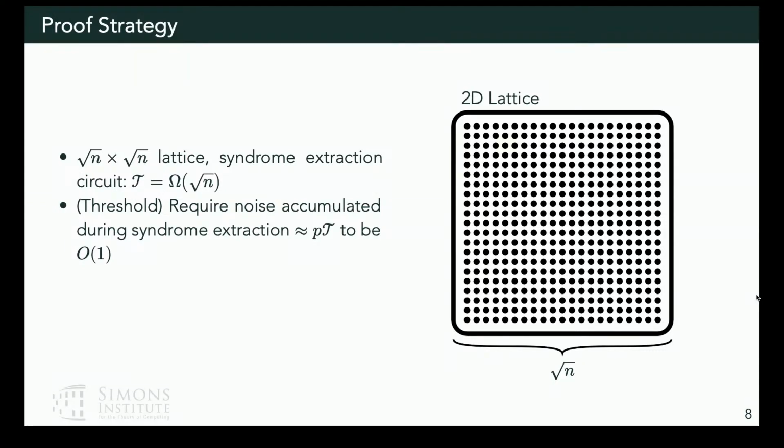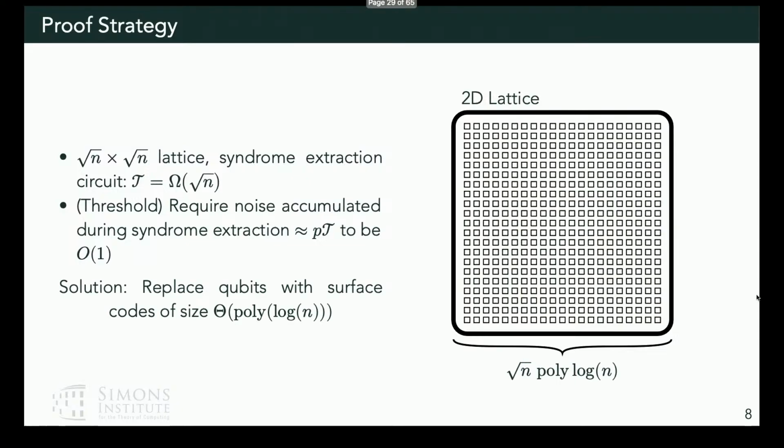And actually it has to be a constant that's sufficiently small. So actually O(1) isn't enough, we need something a little bit stronger than that. We need a constant upper bound that's maybe 10 to the minus 3 or something like this. And so, okay, that's kind of a problem.